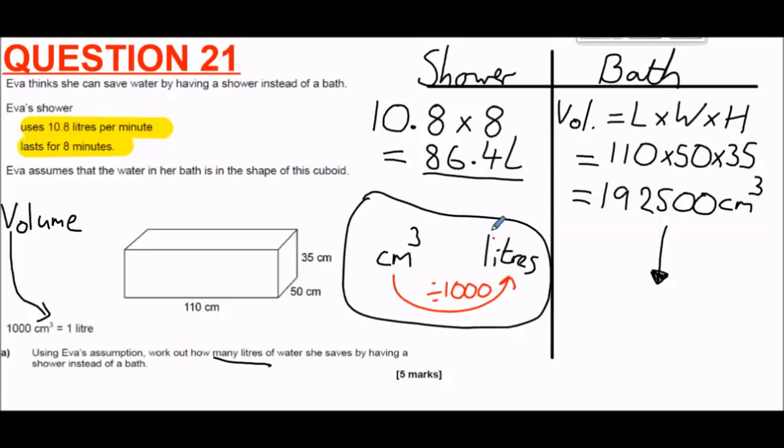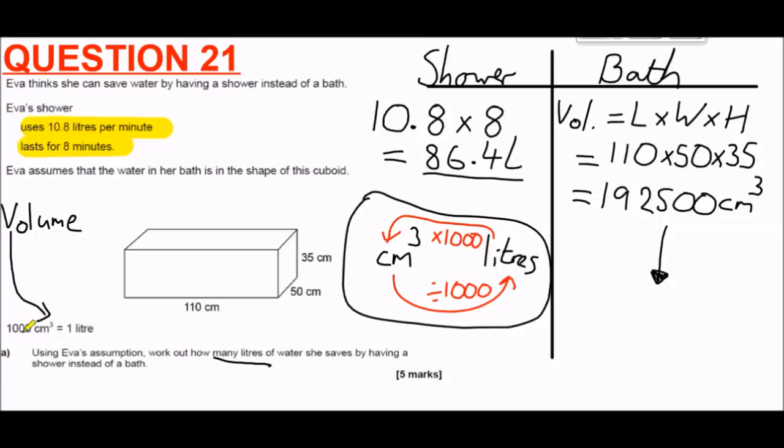Going the other way around, not that we need to do it this time. If we were changing from litres to centimetres cubed, going the opposite way, we'd be doing the opposite thing, which should be to multiply by 1,000. And we know that because we're told it in the question.